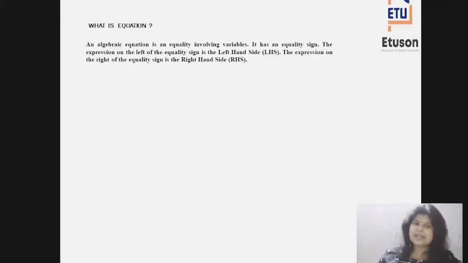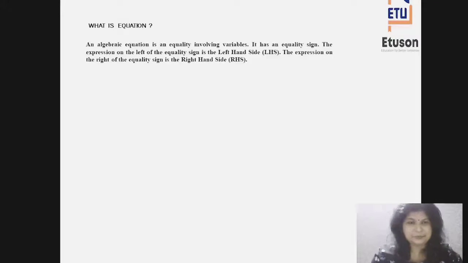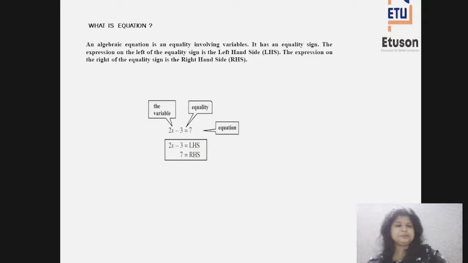The expression on the left of the equality sign is the left hand side. The expression on the right of the equality sign is the right hand side. Okay. So let us understand. So here comes your one equation, that is 2x minus 3 is equal to 7.